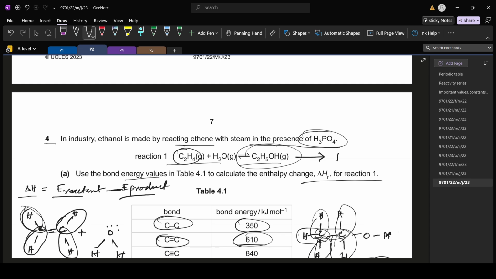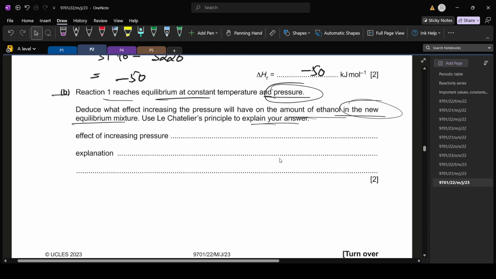There is only one gas mole on the product side, and there are two gaseous moles on the reactant side, or the left side. So if the pressure is increased, the equilibrium will shift to the right side, because there are fewer gas moles on the right side. So the yield of ethanol will increase. If you increase the pressure, the amount of ethanol will increase.